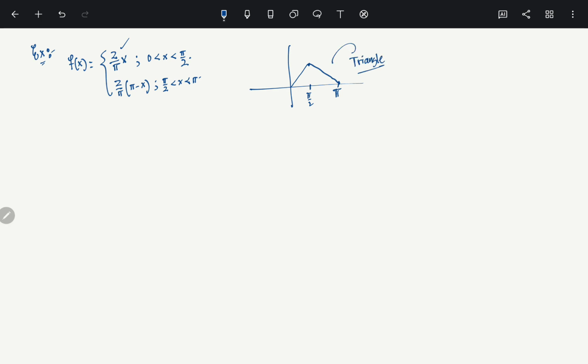The function is defined between 0 and pi. Of course, what we will do is extend it to minus pi to pi. That is how we are going to talk about Fourier series. First of all, we can do an even periodic extension. It doesn't really matter if you do an even or an odd periodic extension; both are valid.